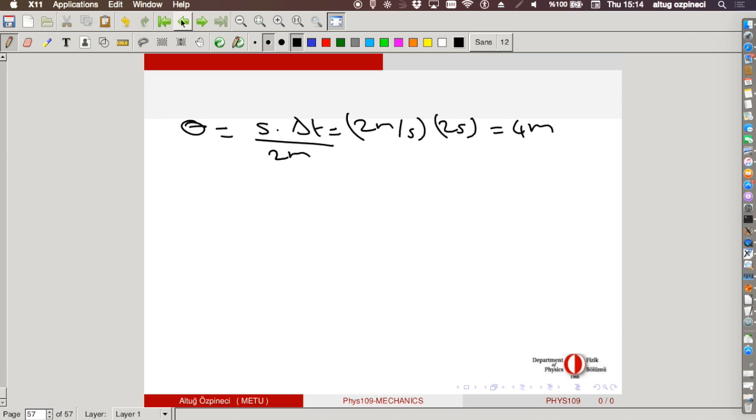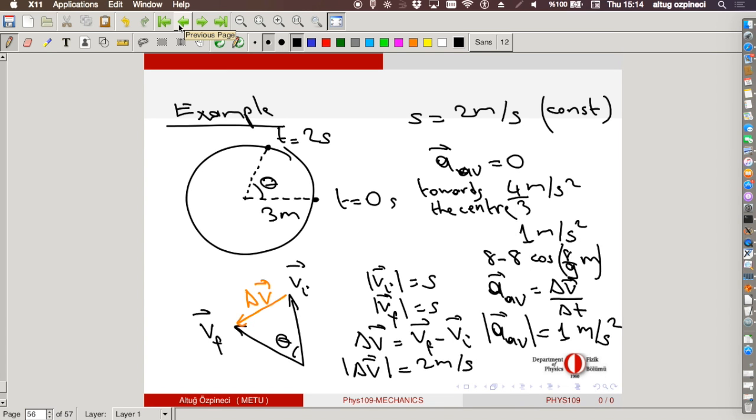No, 3 meters. Divided by 3 meters, it is 4 over 3. So that is the angle theta. Okay, so these are all wrong.